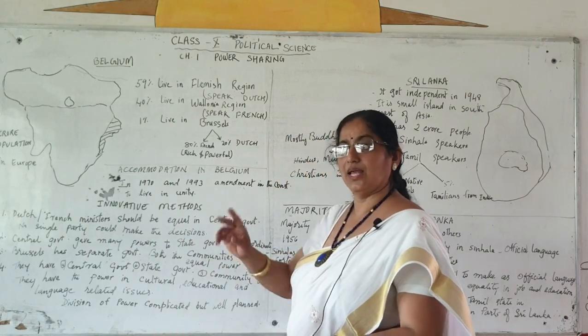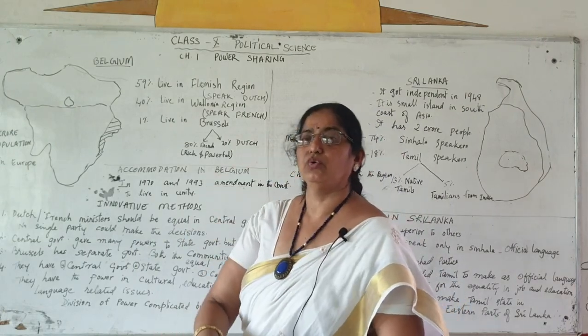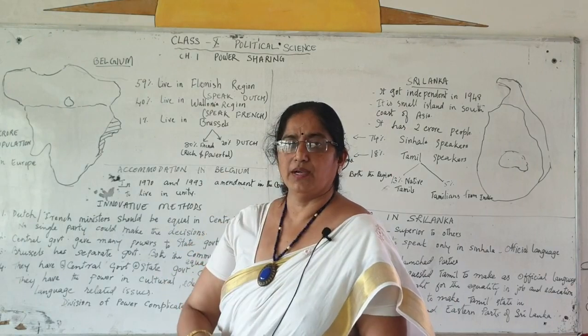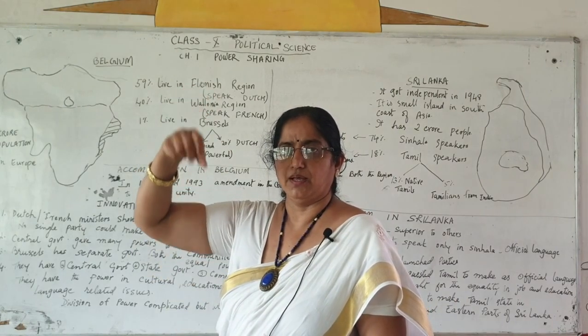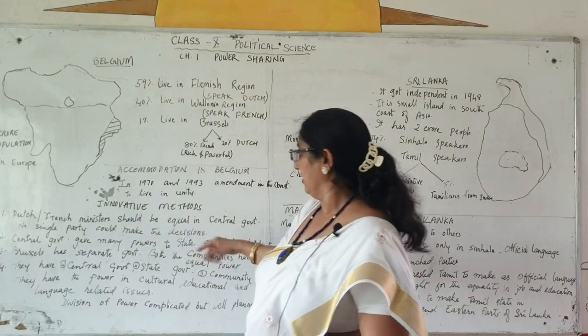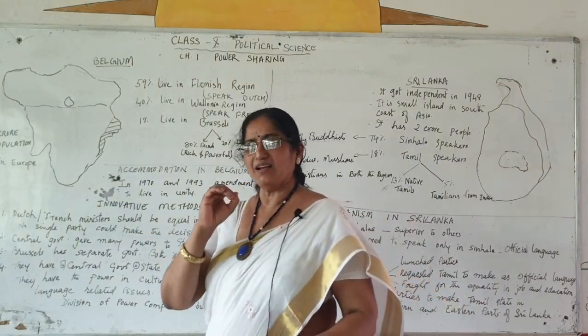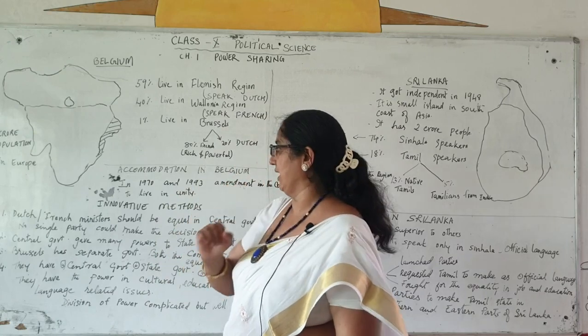But they are not superior to the central government. The central government is the topmost government. Power is in the top government, whereas here the state governments have lesser responsibility and lesser power.